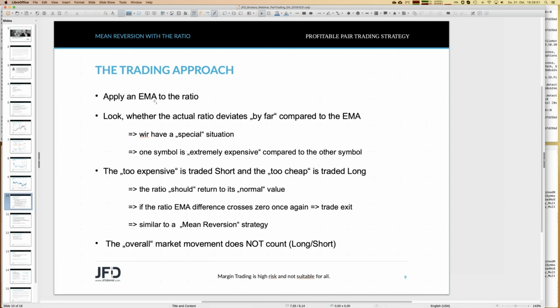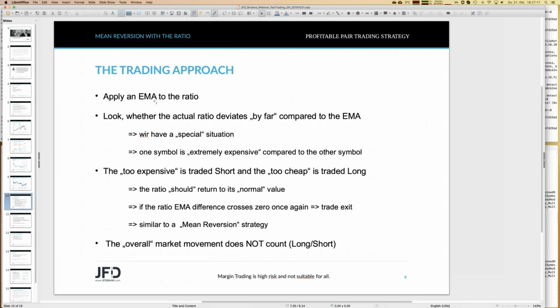Why not use an EMA for the ratio? We are used to having EMAs on price charts, even in euro, US dollar, as a trend filter or whatever. Let's just use that EMA on the ratio as the fair value.